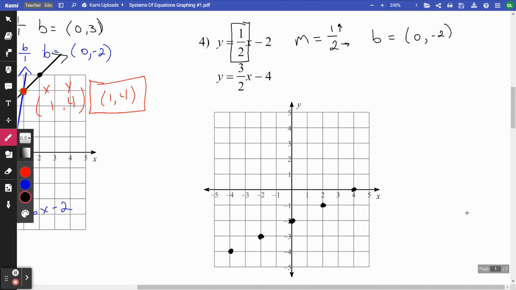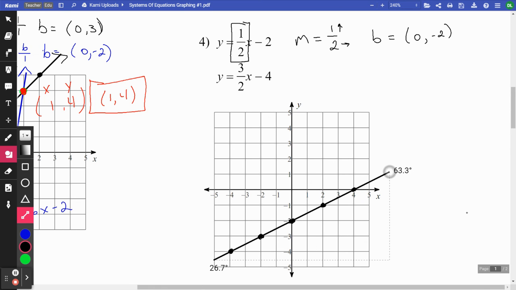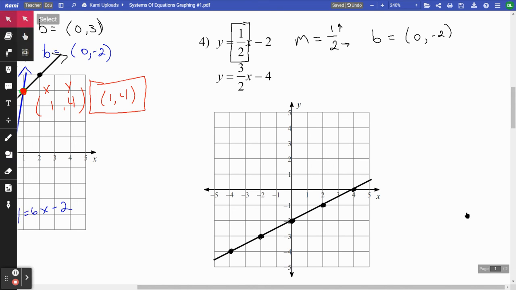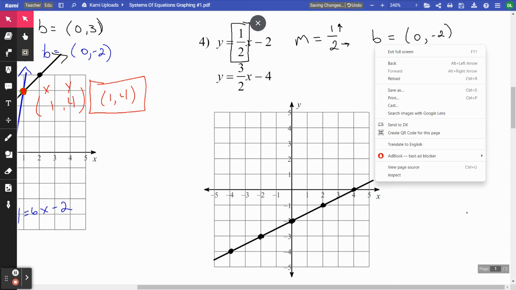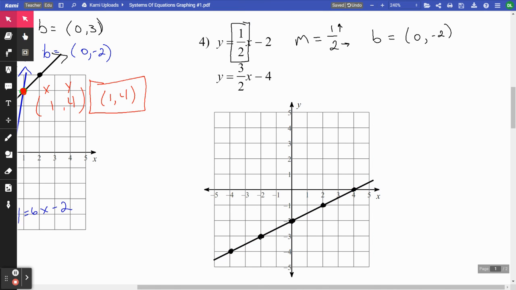That's going to give me 5 really good points to draw a really nice and easy and simple line. And it moved whenever I tried to set it. There you go. All right, so there's that line there.